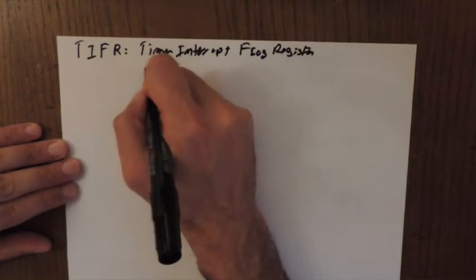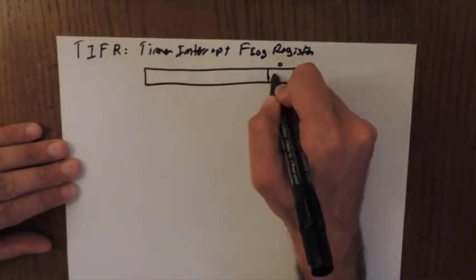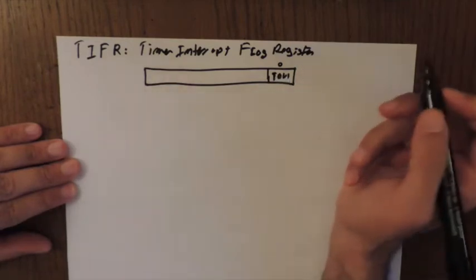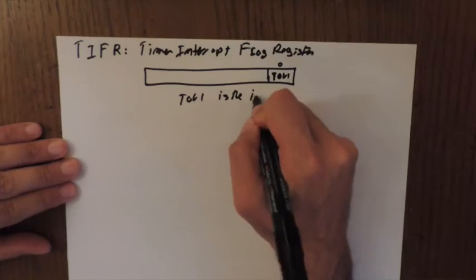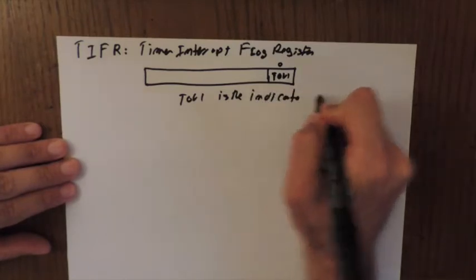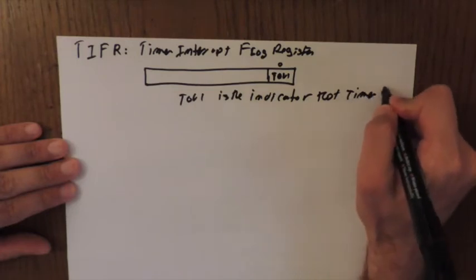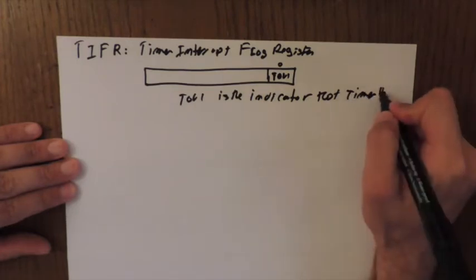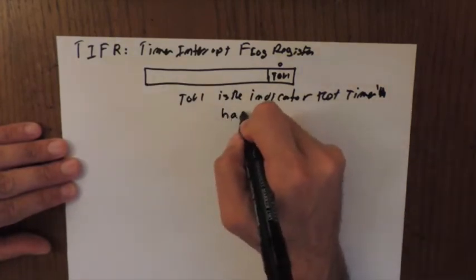It has several bits, but I'm only interested in bit number 0, which holds TOV1. As we know, TOV1 is the indicator that timer 1, in this case, because we are only working with timer 1, has expired.